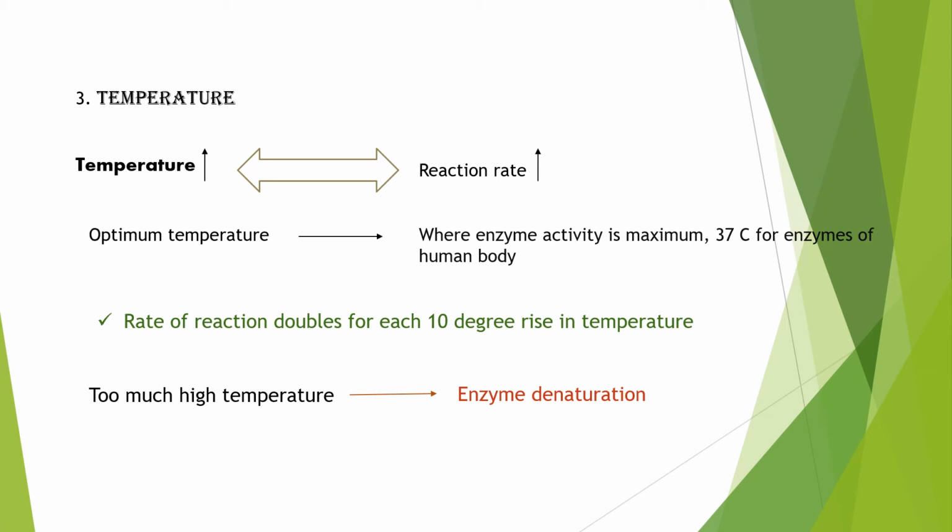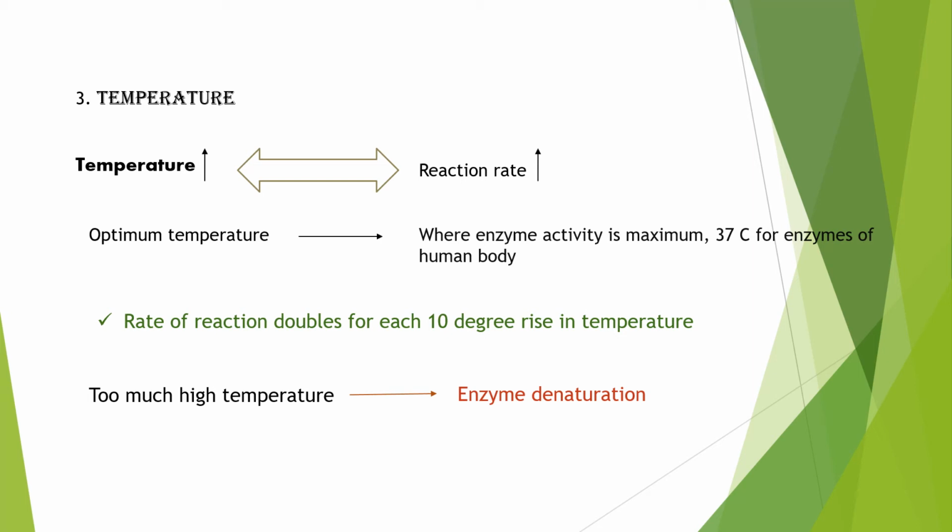What about temperature? If there is increase in temperature, obviously reaction rate will increase because temperature will increase the kinetic energy, and as a result the rate of reaction will increase. Enzyme will convert more substrate into the products. Now we have a term optimum temperature. What is optimum temperature?